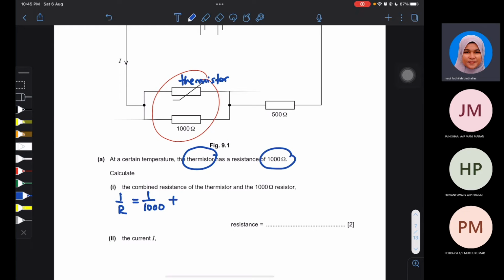Thermistor pun ada resistance of 1000. Jadi berapa? 2 over 1000. Therefore, R in parallel equals to 1000 over 2. Saya just reciprocate yang tu. Jadi berapa ni? 500 ohms.